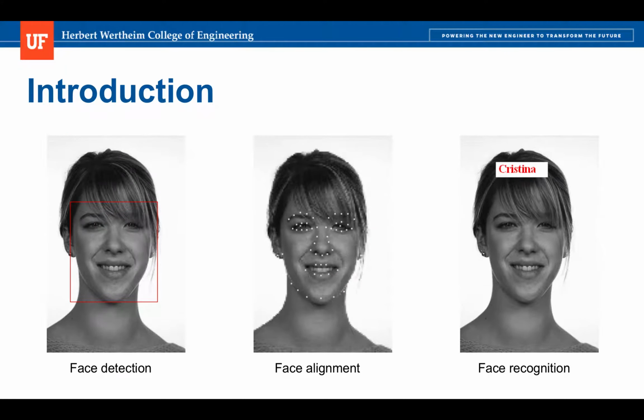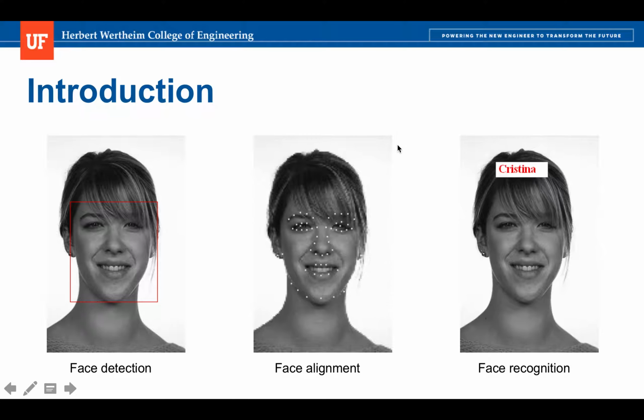These are some images to illustrate these three stages. As you see in the first picture, for the face detection system, we always have some bounding box for the person's faces.